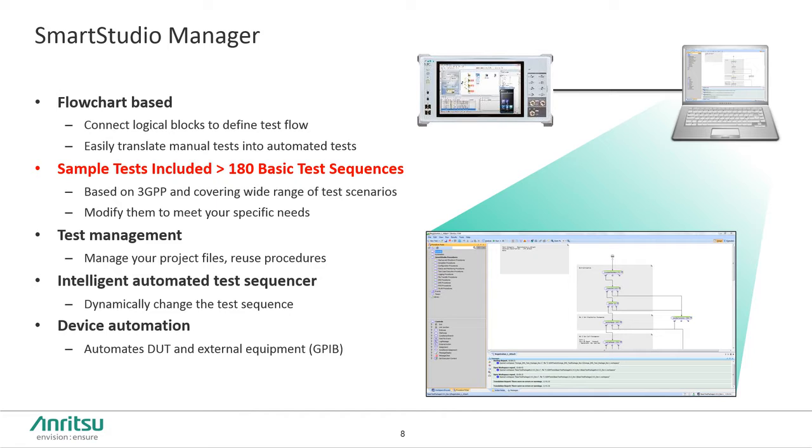These intelligent automated test sequences provide a full level of automation with a number of test cases. Besides automating and controlling the MD8475 signaling tester, SmartStudio Manager is capable of controlling and automating mobile devices and also any external equipment via GPIB library.